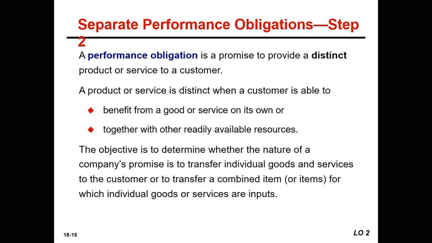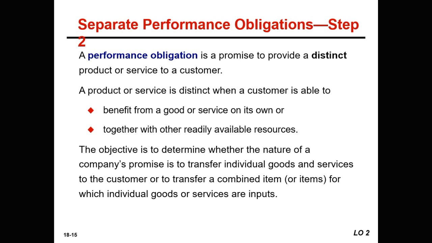The objective is determining whether the nature of a company's promise is to transfer an individual good or service to a customer or to transfer a combined item or items of which individual goods or services are inputs. A company must provide the distinct product for each performance obligation.